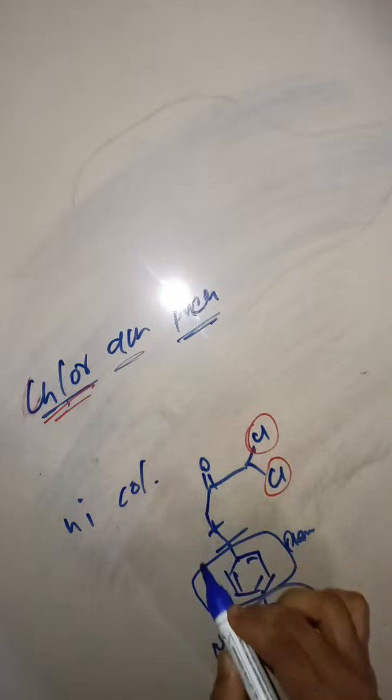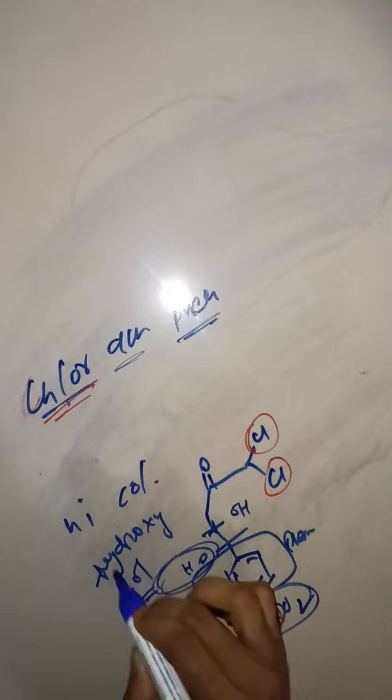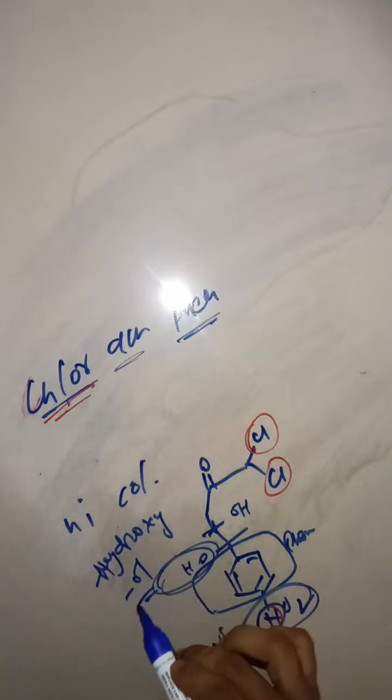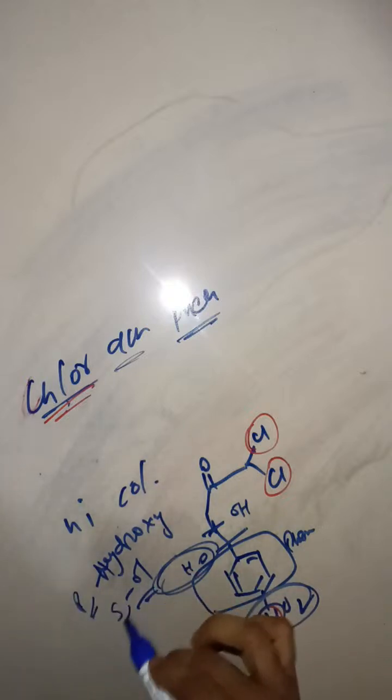Okay. Then one OH will be there, another OH will be there. So what are they? Alcohol group. The alcohol group is denoted by COL. What is the prefix and suffix for the alcohol group? The prefix is hydroxy and the suffix is ol.